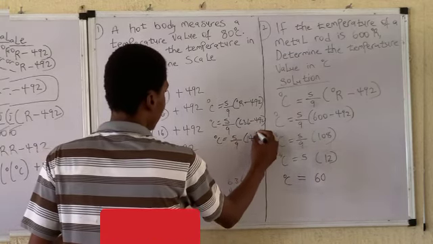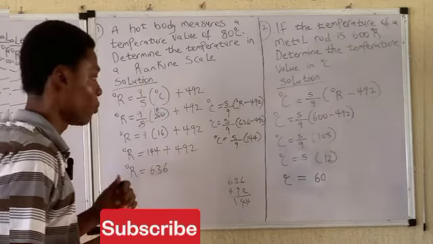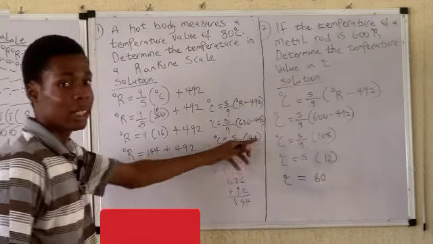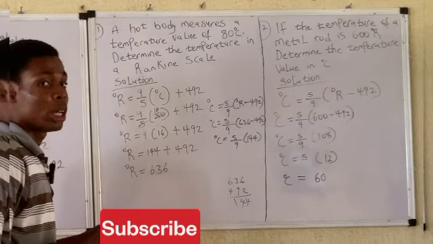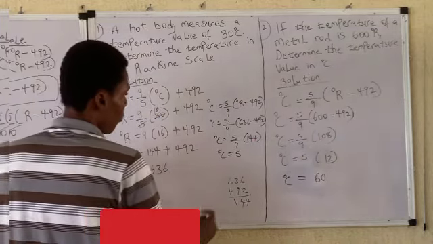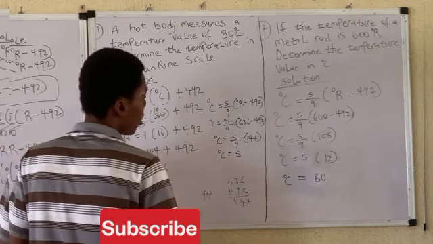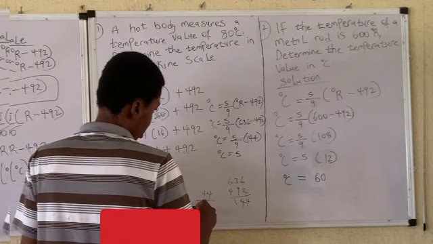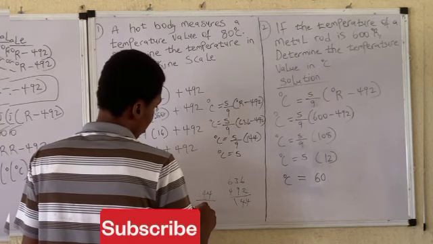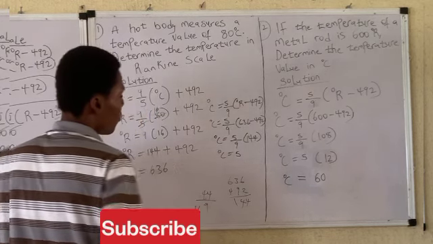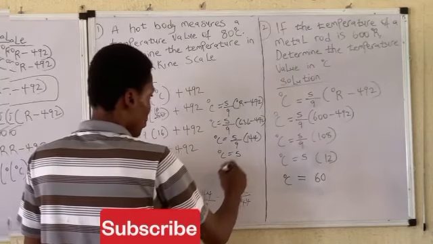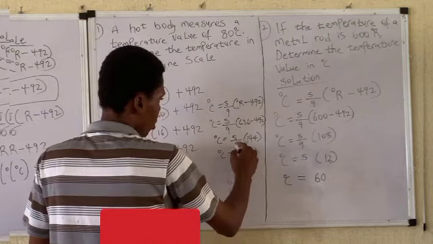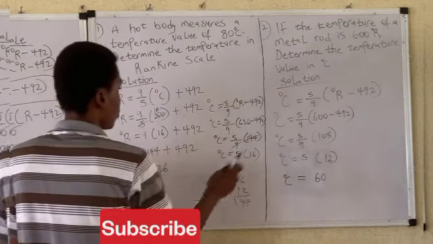So our degree Celsius equal to 5/9 in bracket 144. Now what do we do next? We use 9 to divide 144. We have 16. So we say 5 in bracket 16, because 9 in 144 is equal to 16.